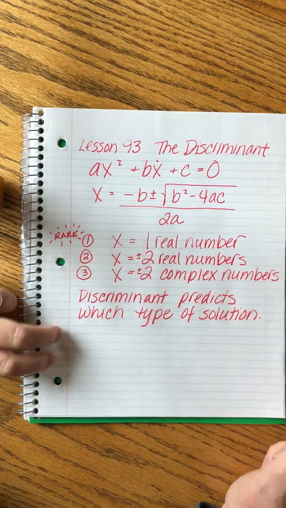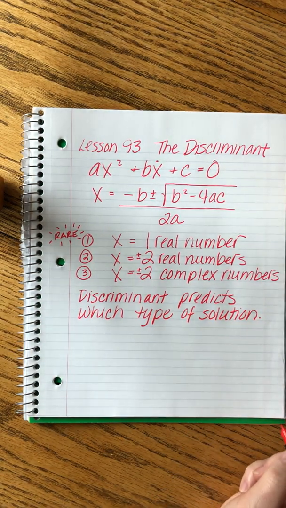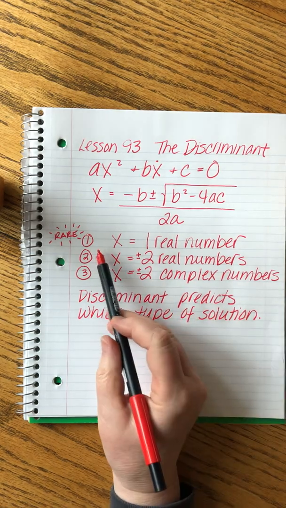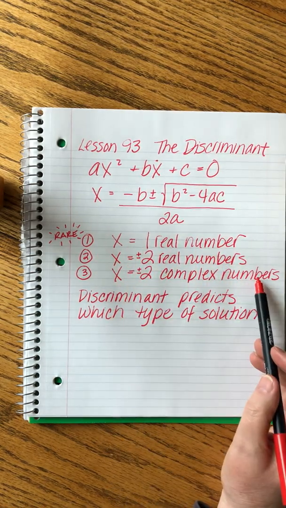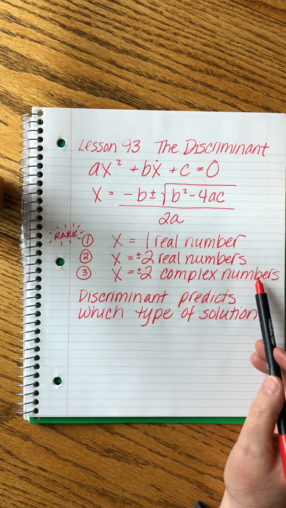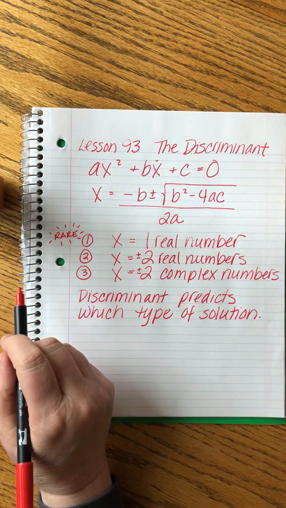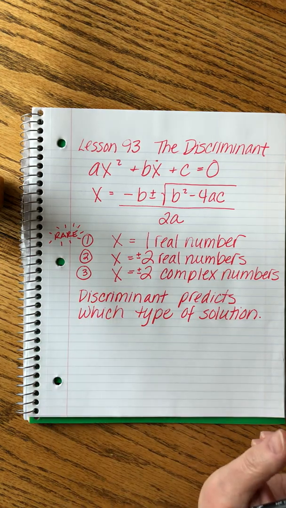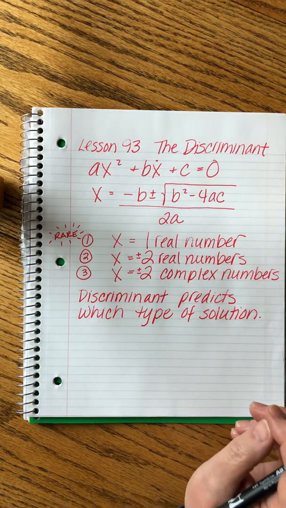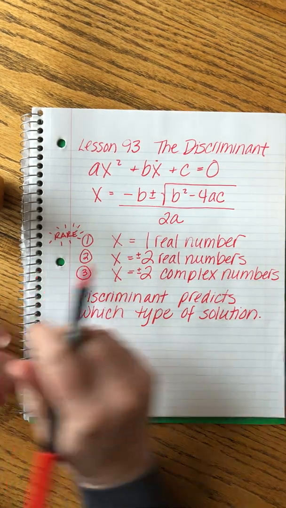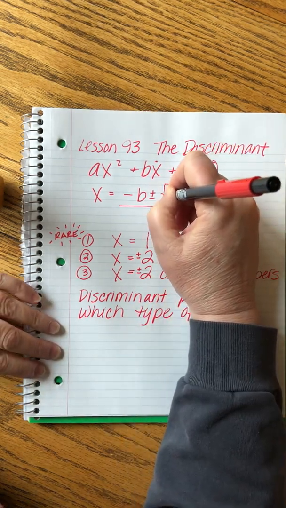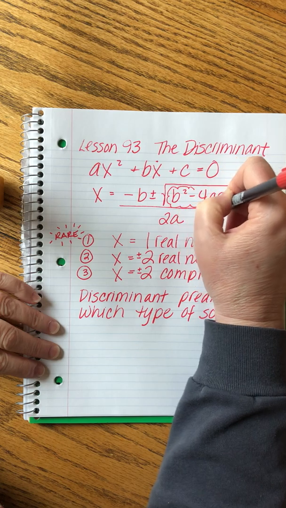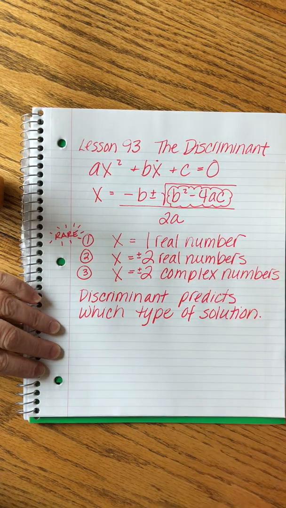Okay, so the discriminant itself tells us whether we're going to get one real number, two real numbers, or two complex numbers as the answer to our problem. And what's cool is that the discriminant, this mysterious thing that I've been talking about, is simply this part of the quadratic formula.